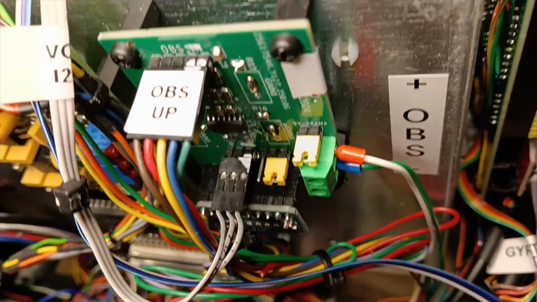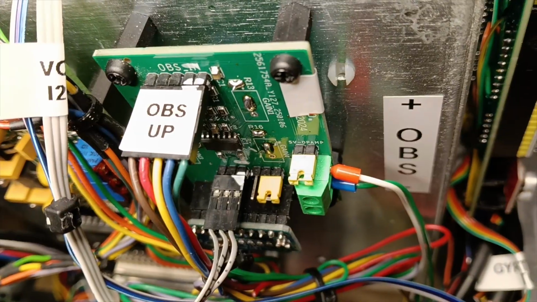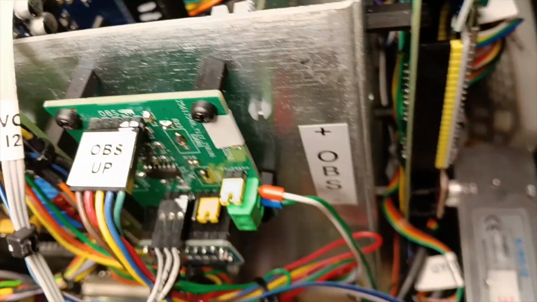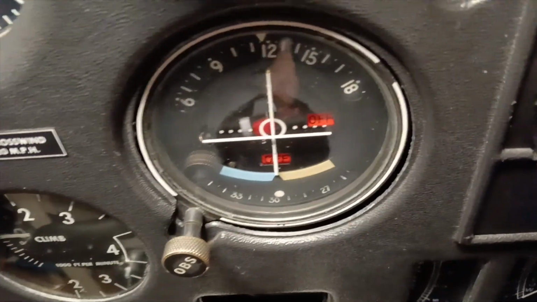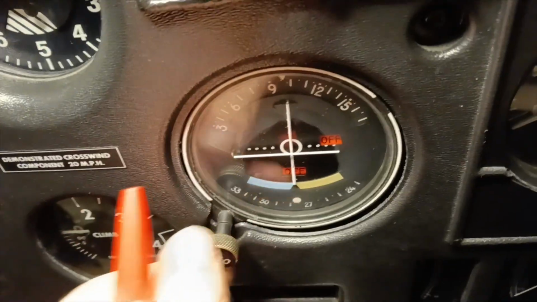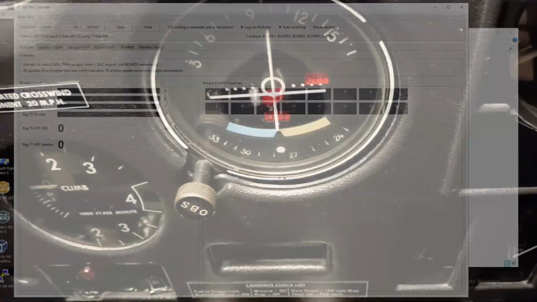As you can see, I didn't use any trimmer or resistor for the op amps because I realized I didn't need them. So the next step, I will show you how this thing works, and we will move now to the computer, and we will operate the needles, the flags, everything to check how this thing works.